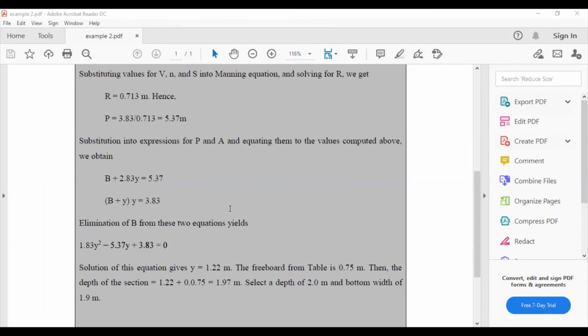So basically, this is how you can design a channel. Then once you do this, you make sure that you line it to avoid seepage of water. So this is an example of how you can use those equations that we saw to solve this problem.